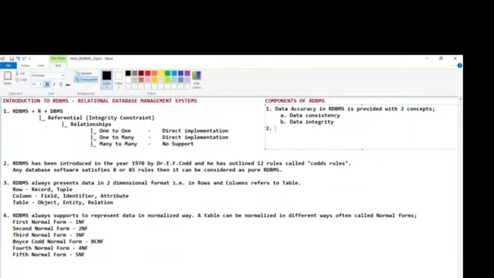These are the two concepts in RDBMS which will always provide what? Data accuracy.